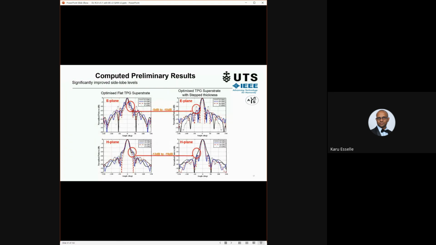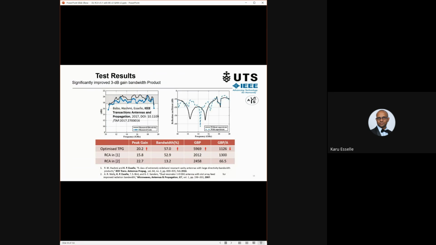And those are the computed results, and these are still computed, the side lobes, etc. And then we fabricated and tested. So the measured directivity, measured matching, and gain bandwidth product per unit area.